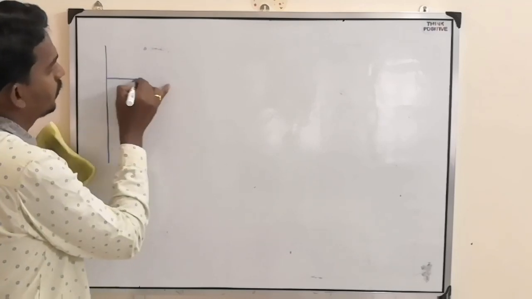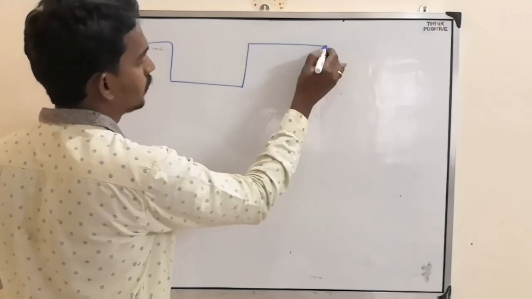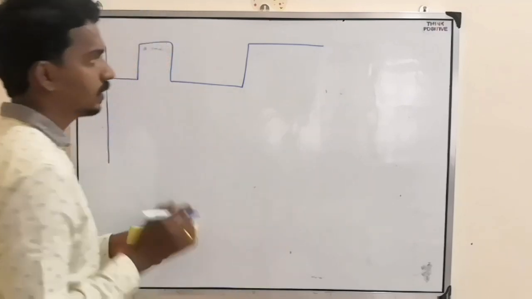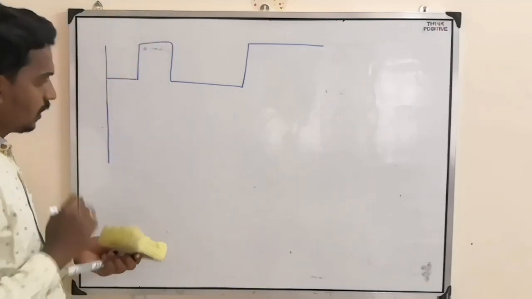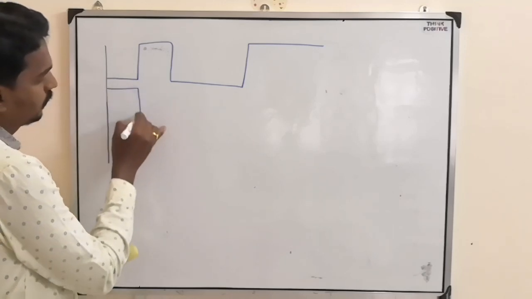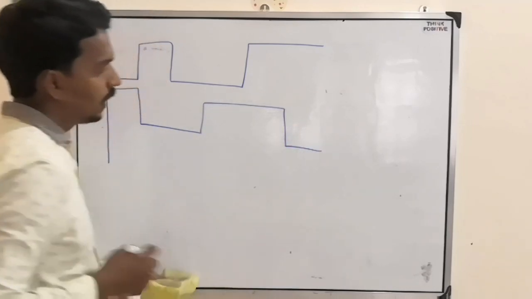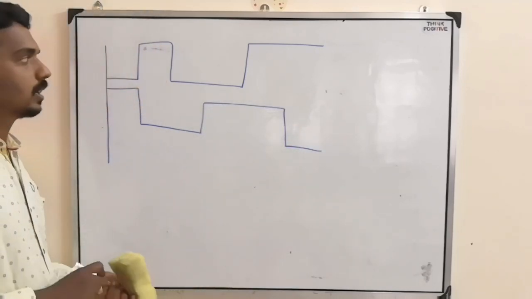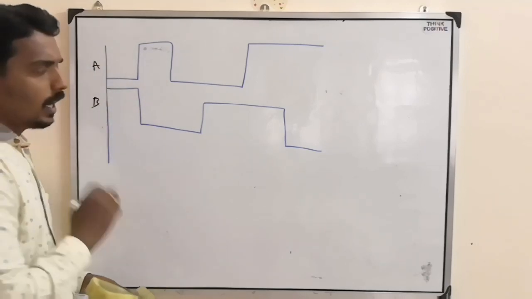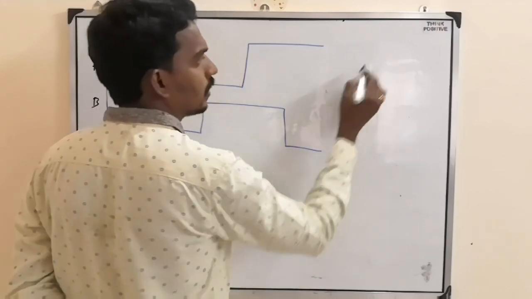Let's take, suppose, this is another input. Let's take this is A, this is B. And the combination of the gate is something.